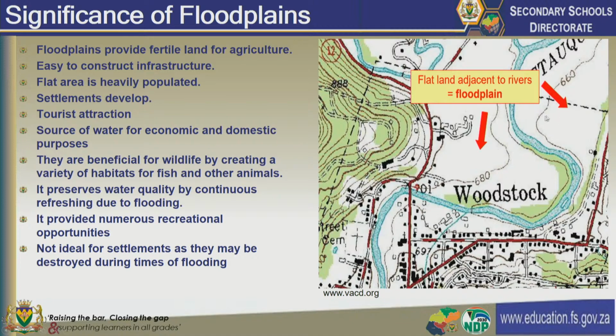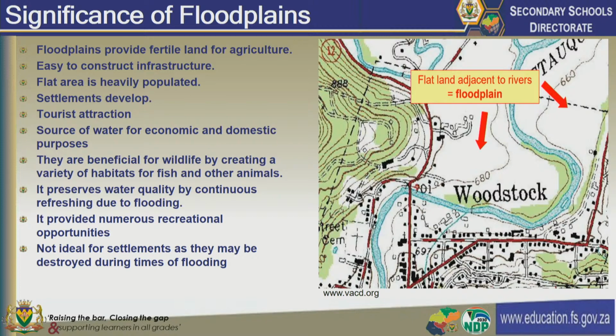So it will be that flat area that you find next to the river bank. But again, you do not find this in the upper course. You can't say, I have a floodplain in the upper course. You have a floodplain where? In the lower course, where the gradient is almost gentle and your river is flowing very slowly and a lot of deposition is occurring.